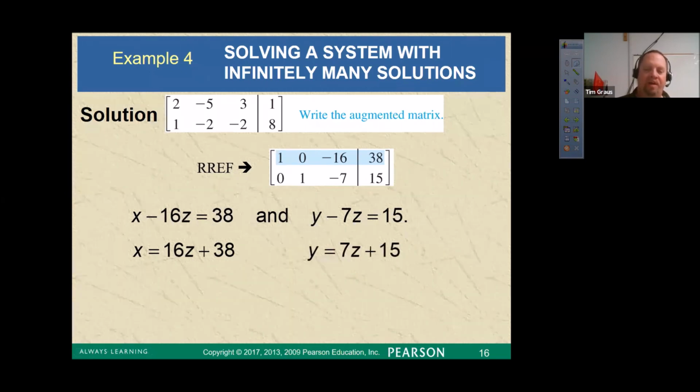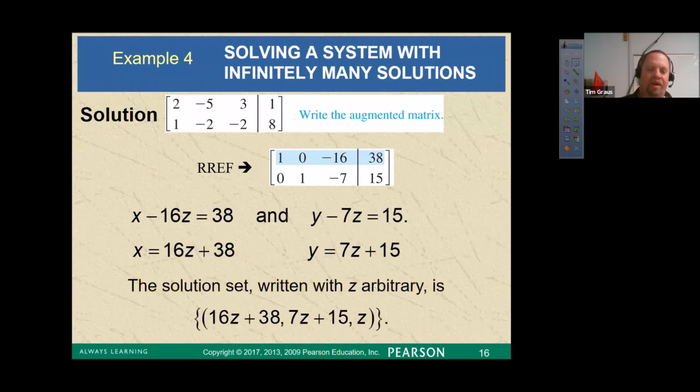So when I write my solution, we're going to write a solution set, and we say that it's written with z arbitrary. So in place of x, I write the expression 16z plus 38. In place of y, I write the expression 7z plus 15. And in place of z, I just put the variable z.